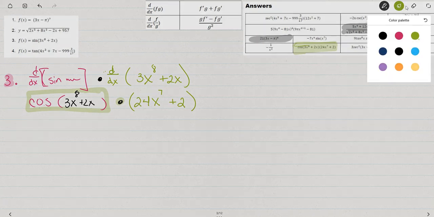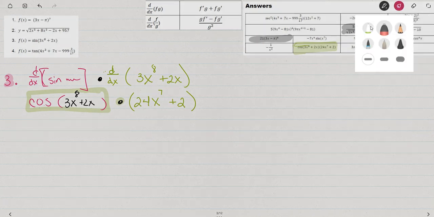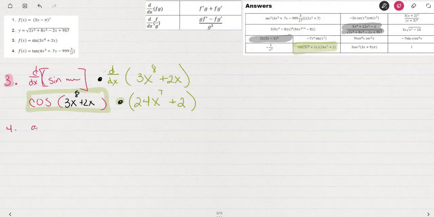Very similar. Number 4, we're going to recognize that the outside function is the tangent, and the inside function is the 4x cubed plus 7x minus 999 and 3/17.